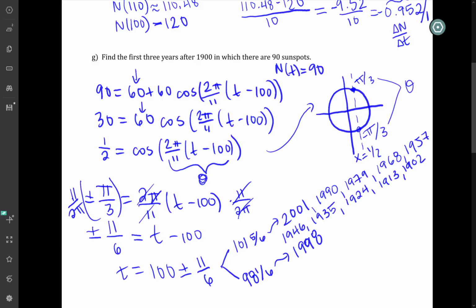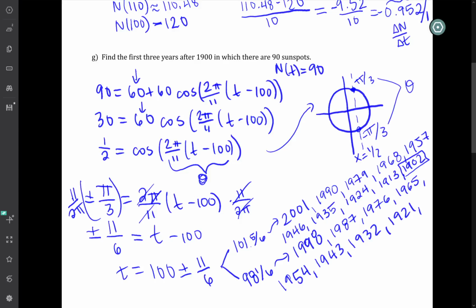So I would say for sure I'm going to want this 1902. Maybe I'll want the 1913. Let's follow this one back and see how it works out. Okay, so I need to subtract 11 years, so I'm going to get 1987, and then 1976, 1965, 1954, 1943, 1932, 1921, and 1910.